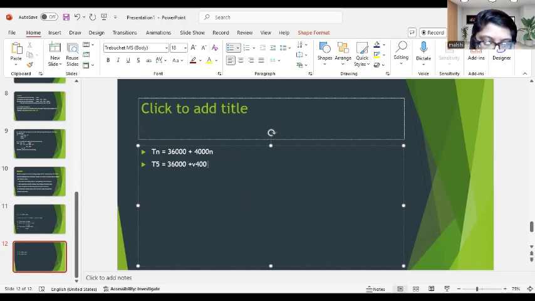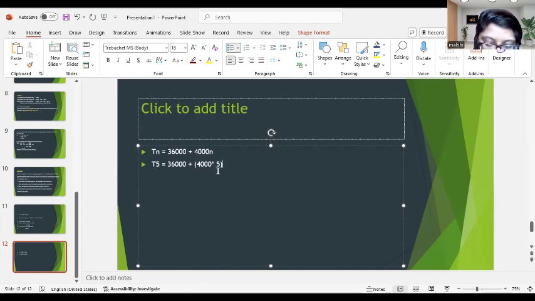4,000 multiplied by 5, right? You need to put the bracket.